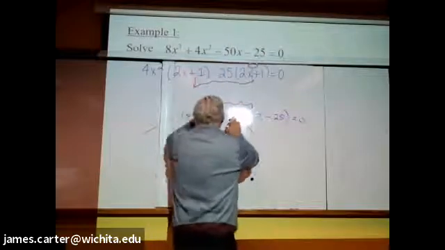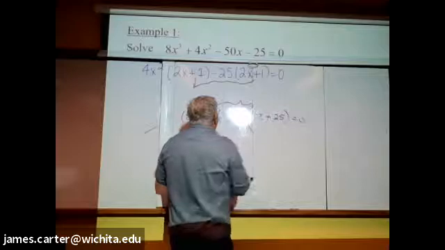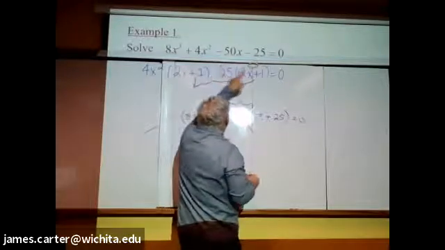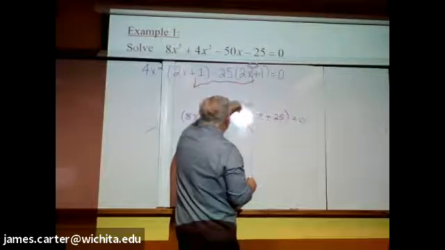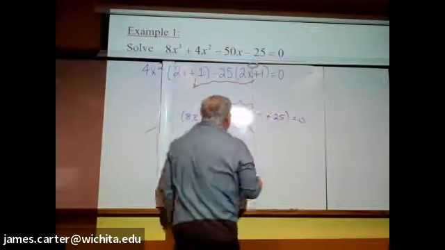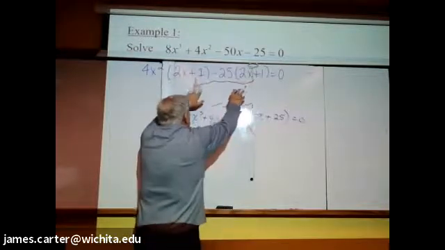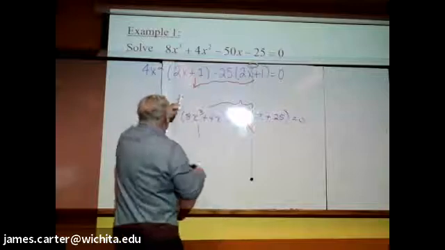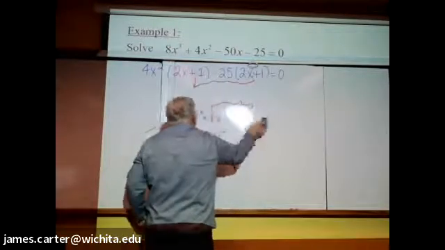Now, I could have also, actually this should have been a plus there. If I left this a minus right here, I would also have the issue of, if this minus stayed here, then that sign would change and so would this sign. But anyway, here I have my 2 groupings that I'm going to now factor this group and factor that group.